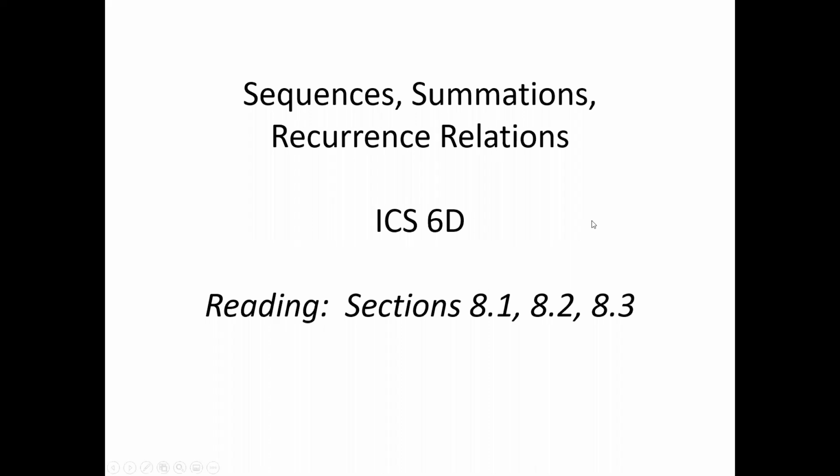So we are starting a new segment: sequences, summations, recurrence relations, and eventually proofs by induction. In recurrence relations, you will start seeing the first guise of something called recursion, which is the main topic of this chapter.